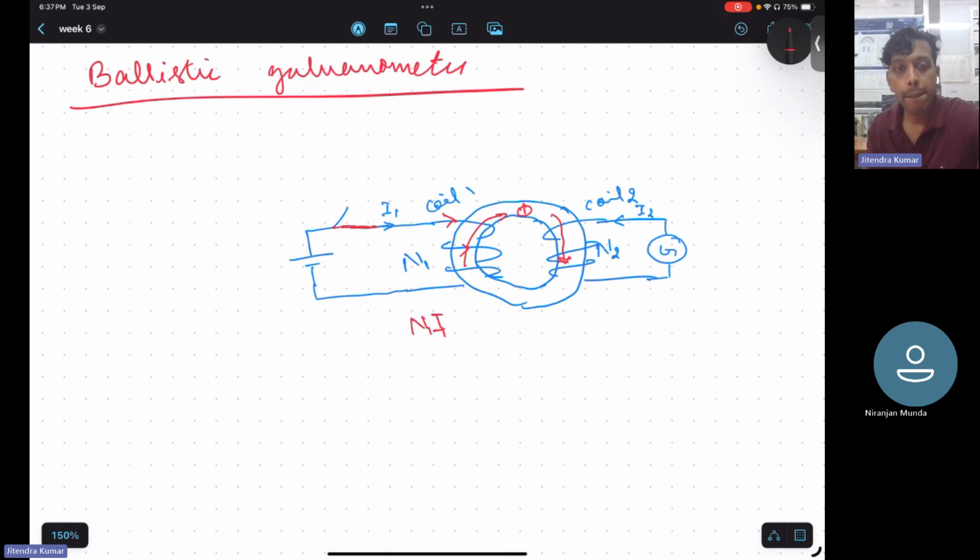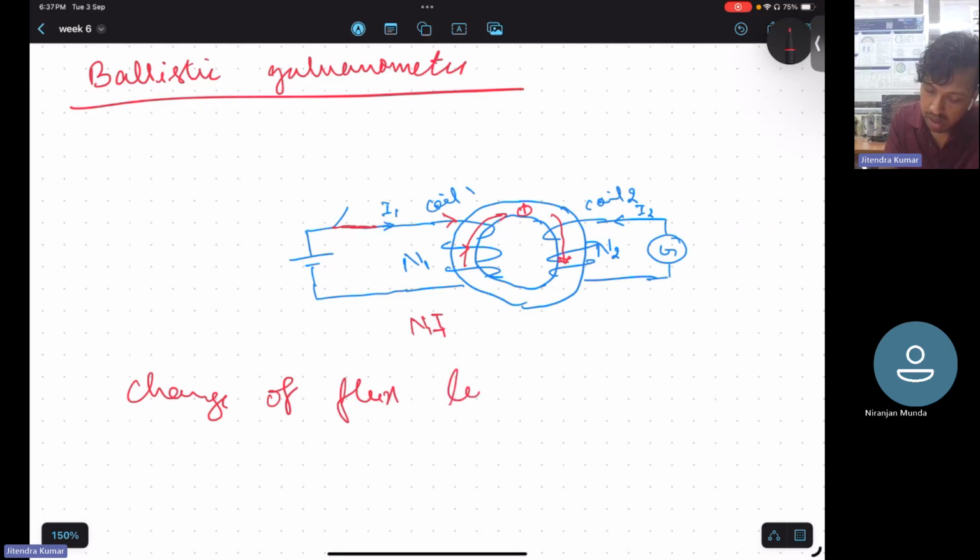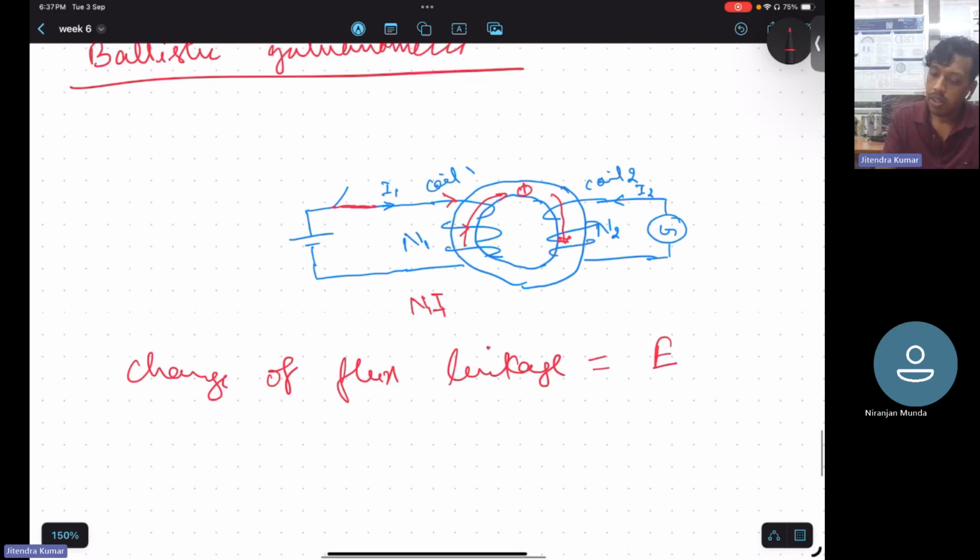But as per Lenz's law, both the fluxes should oppose each other, and the change of flux linkage is equal to EMF.